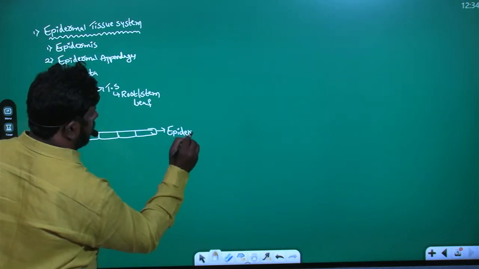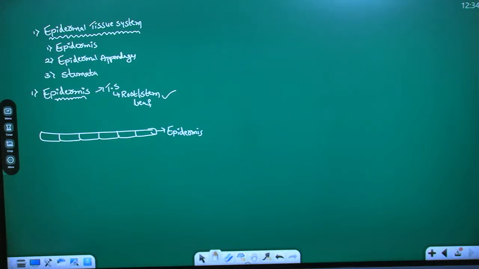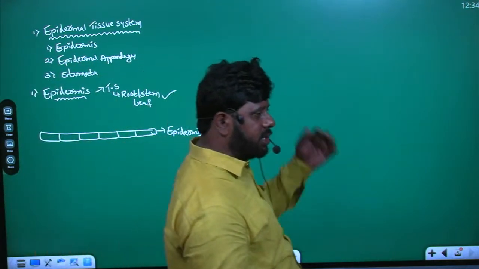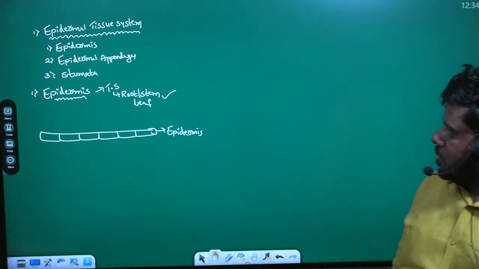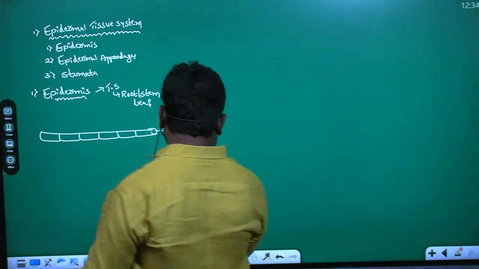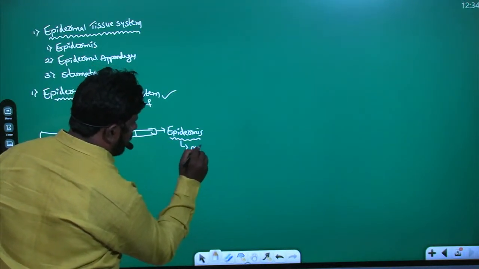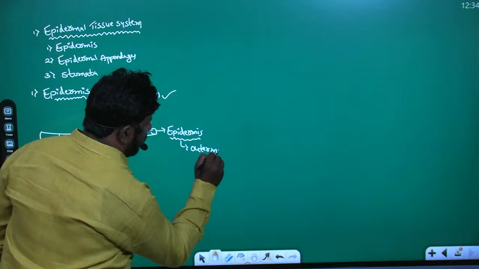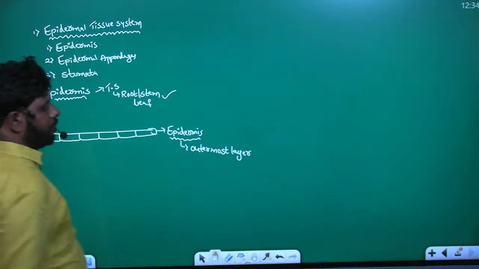Epidermis. In the transverse section of root, in the transverse section of stem, and in the transverse section of leaf, the outermost layer is called epidermis. The first point: it is the outermost layer.